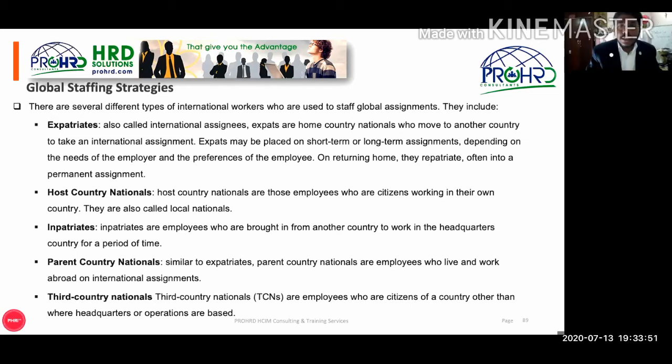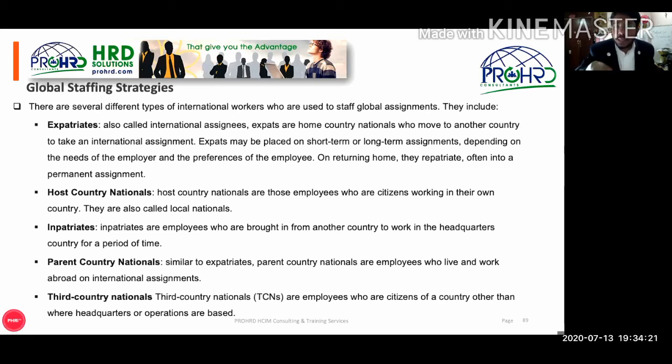Third country nationals are employees who are citizens of a country other than where the headquarters of operations is. For example, today in Kuwait, if I work for Hyundai, a Korean-based company, I am not a local national.